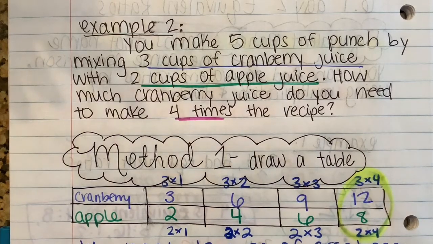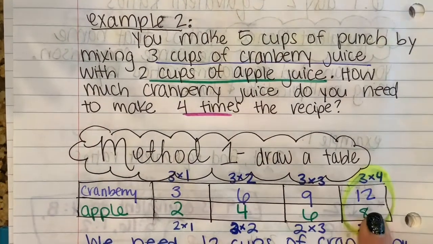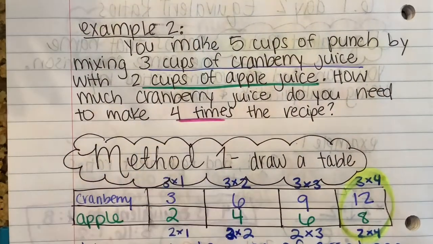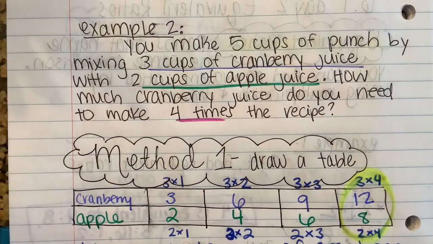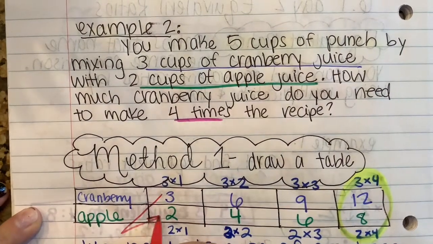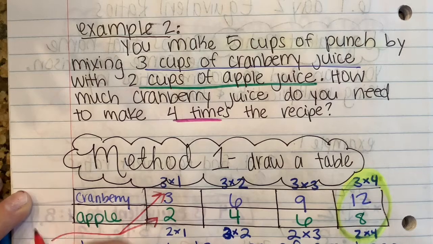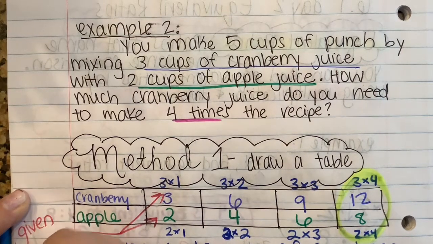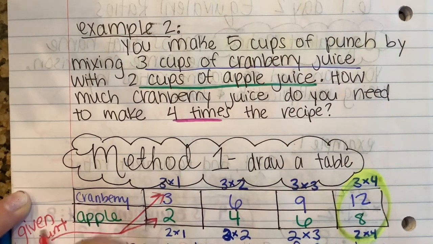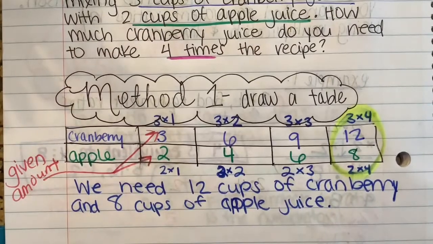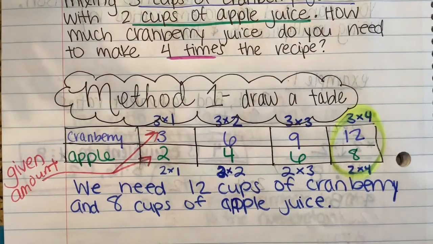I want you to notice that I made 4 spaces in the table because I was doing 4 times the recipe. It's also a good idea to note that here in the first box, we used our original, our given amount from the problem, and that's where our color coding really came in there. So our final answer again, we need 12 cups of cranberry juice and 8 cups of apple juice.